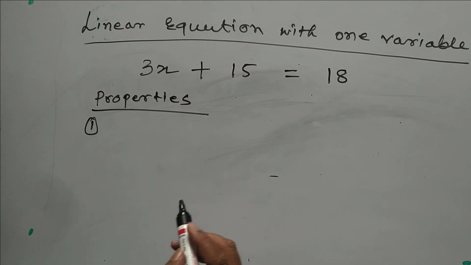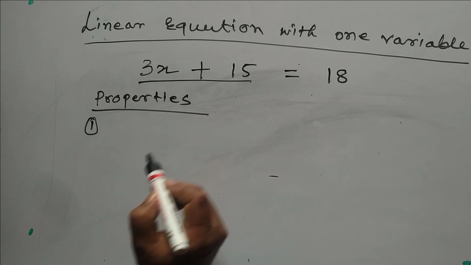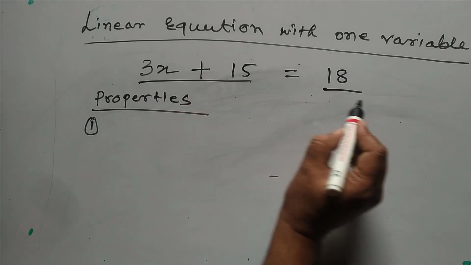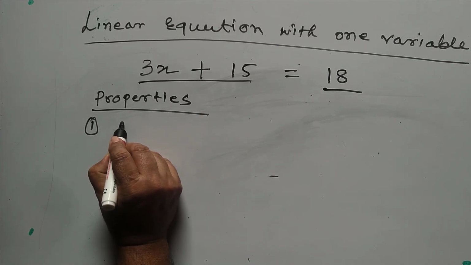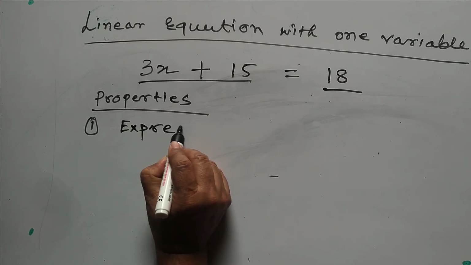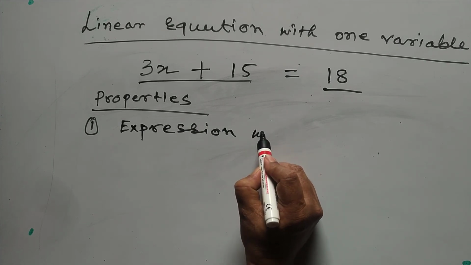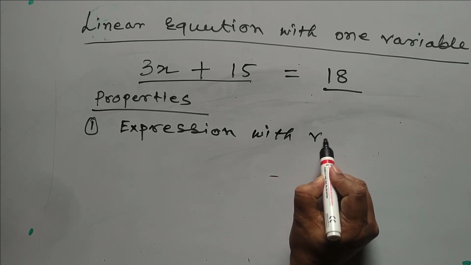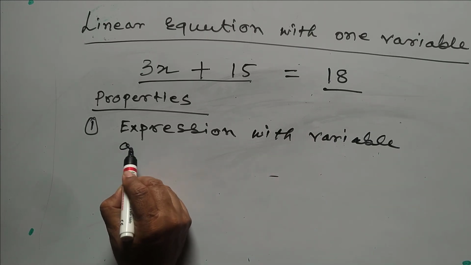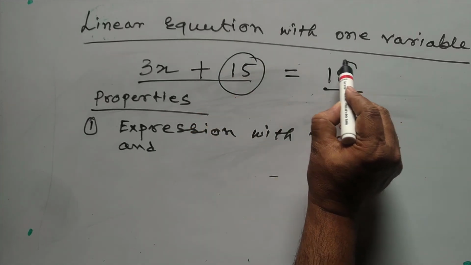Okay, now the first property: one, this is an expression. These are expressions, so an expression with variable and constant, like 15, 18.